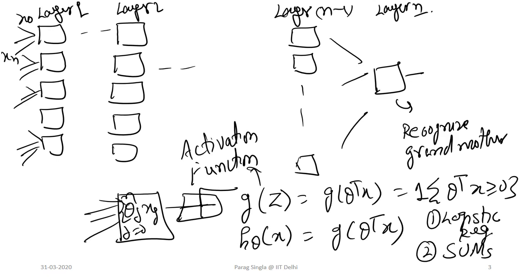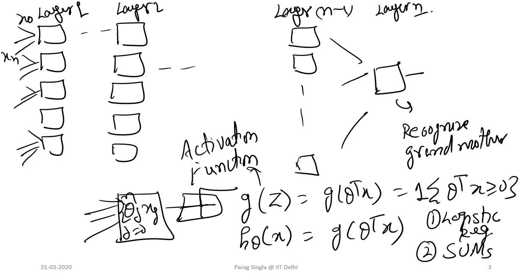layer n, right? And this is your final function, which is essentially a composition of all these perceptrons working one after another, these layers working one after another. And this could be as complex as, this neuron in your brain could be a neuron which, let's say, recognizes your grandmother, right?